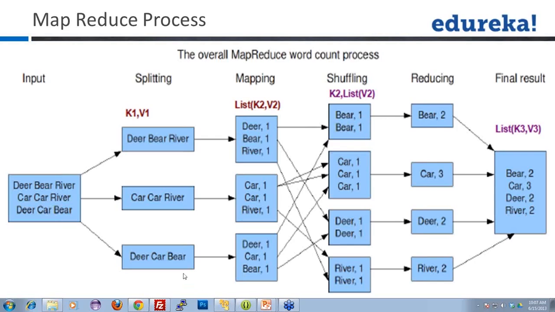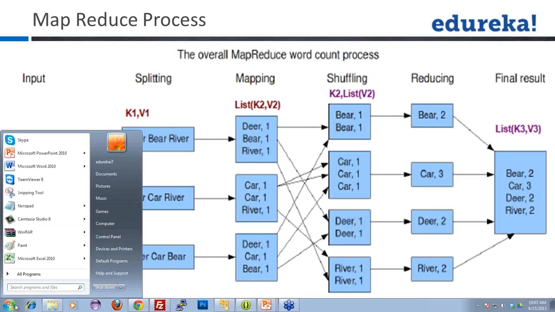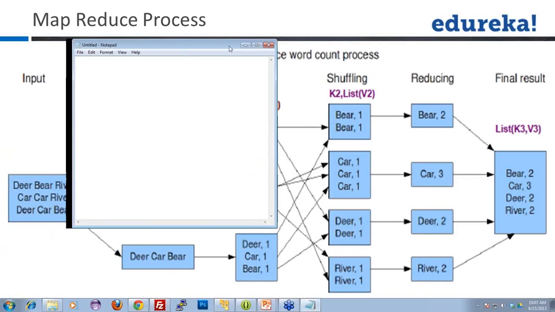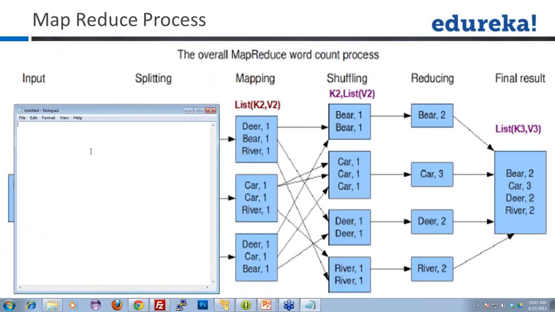You can also write this as, let me just open a notepad. Some people who already know MapReduce will ask me, why are you not writing it in the traditional way? So let me quickly open notepad and show you how it can also be represented.